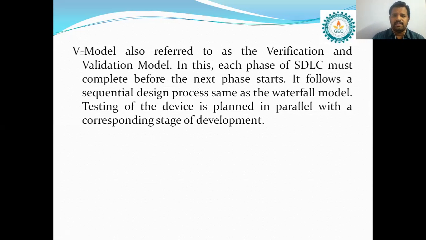Just like the waterfall model, in the V model also, we can start the next phase only after the completion of the previous phase. So here also there is no overlapping between the phases.